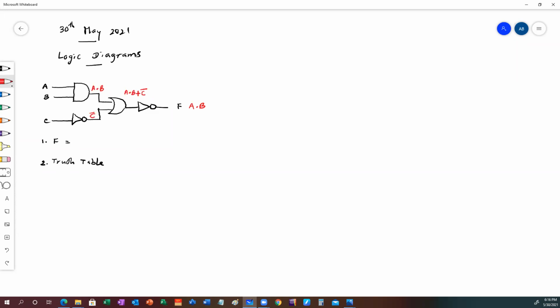This one is OR, C bar, full bar. At the exam, you will get it as A and B, OR, C bar, within brackets, full bar. Like that at the exam, right? That is the expression.